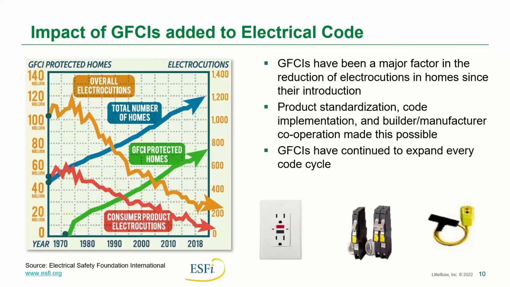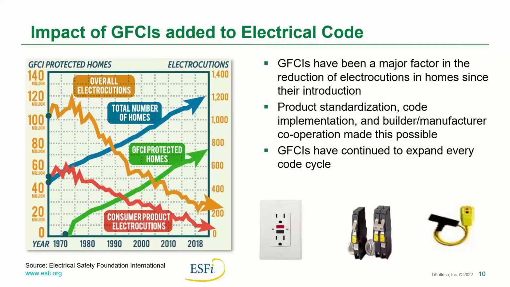But as the GFCIs proliferated in the home, the green curve, as they began to be installed in all the new construction, there's a fairly strong correlation there. Now, it's true that appliance design has also improved. Other techniques such as double insulation have also assisted with reducing the electrocutions, but there's certainly no doubt that GFCIs have played a very leading role in this reduction.